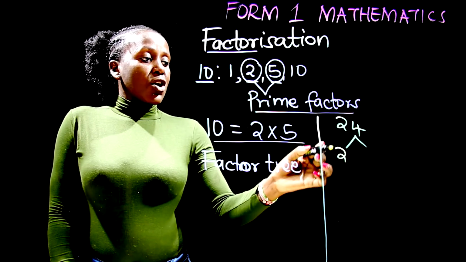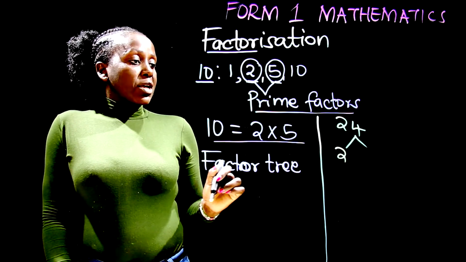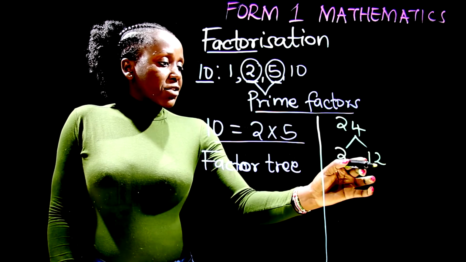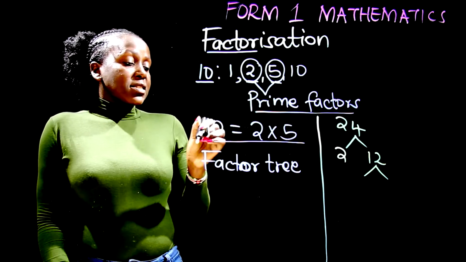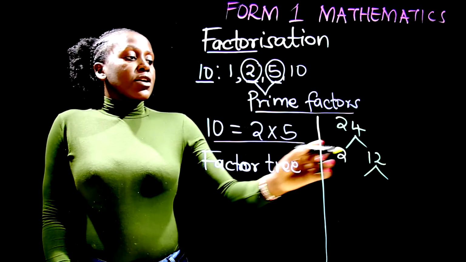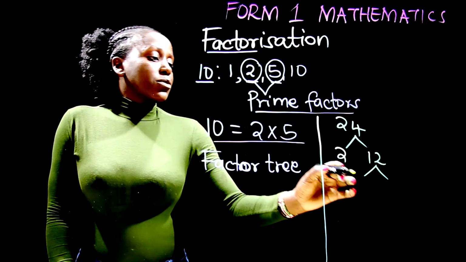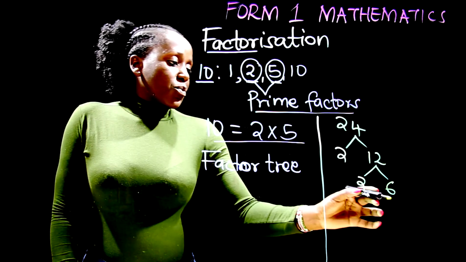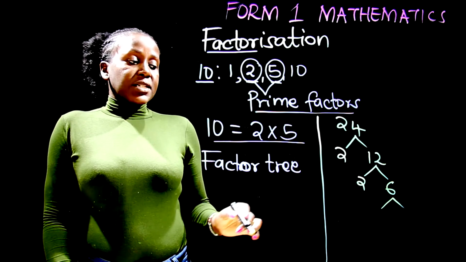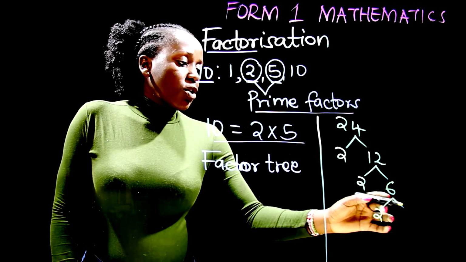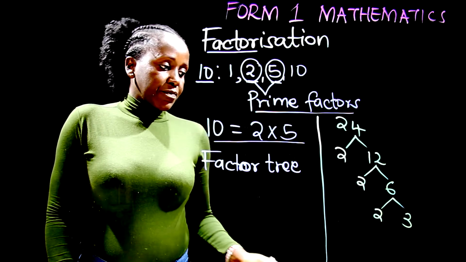So 24 divided by 2 will be equal to 12. Then now we divide 12 by the least prime factor, which is 2. 12 divided by 2, we get 6. Then 6, we divide it by the least prime factor, which is 2. So 6 divided by 2 will be equal to 3.